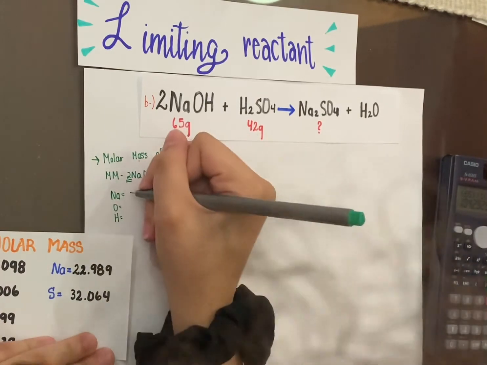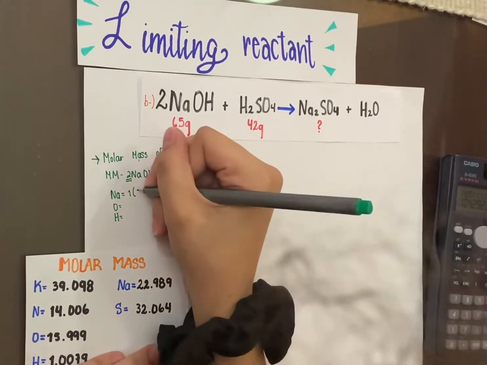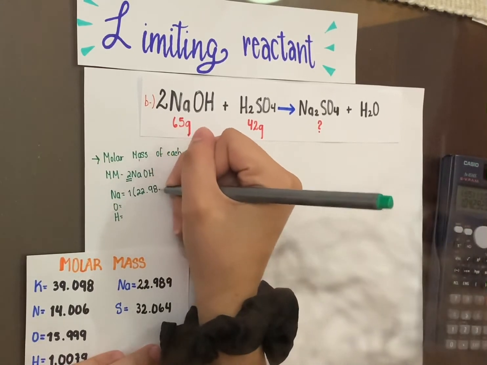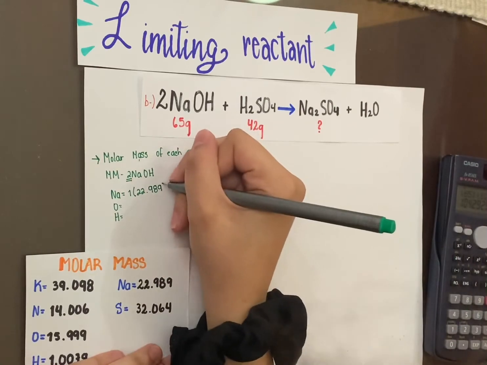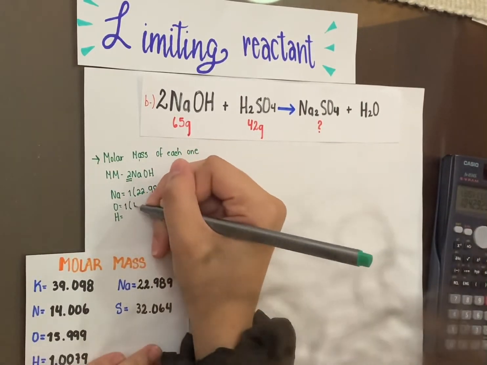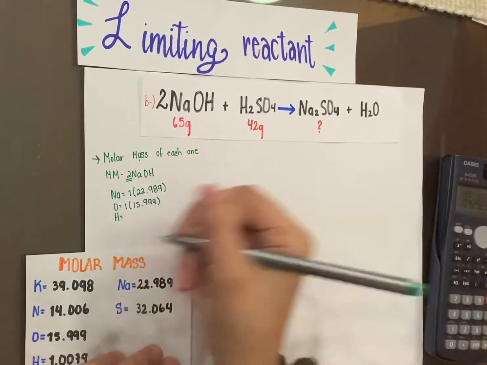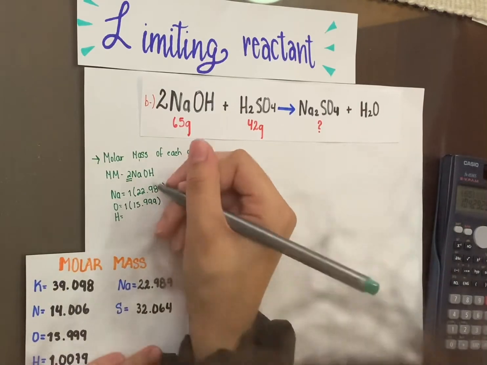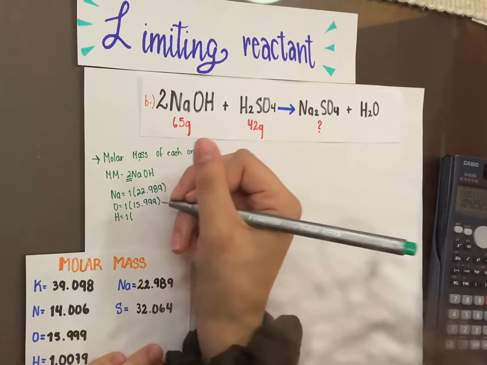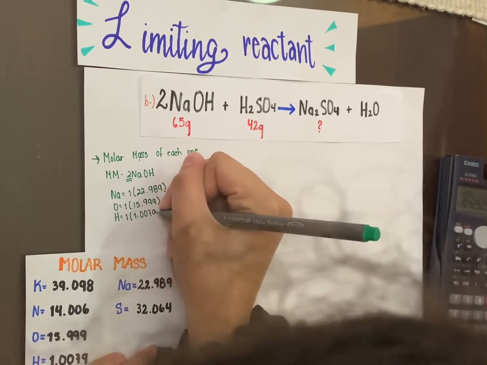So I have 1 subscript of sodium, and it says that the molar mass of sodium is 22.989. I have 1 of oxygen, and oxygen is 15.999. Hydrogen, I have 1 as subscript, and I will write 1.0078.